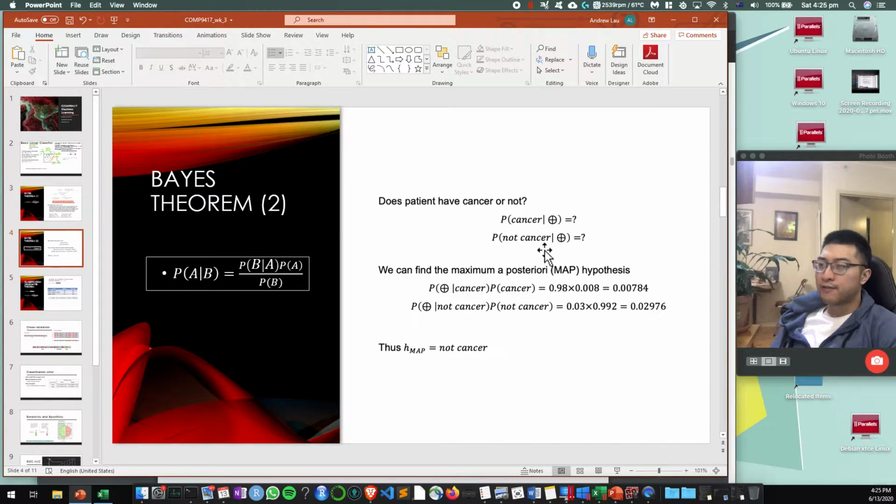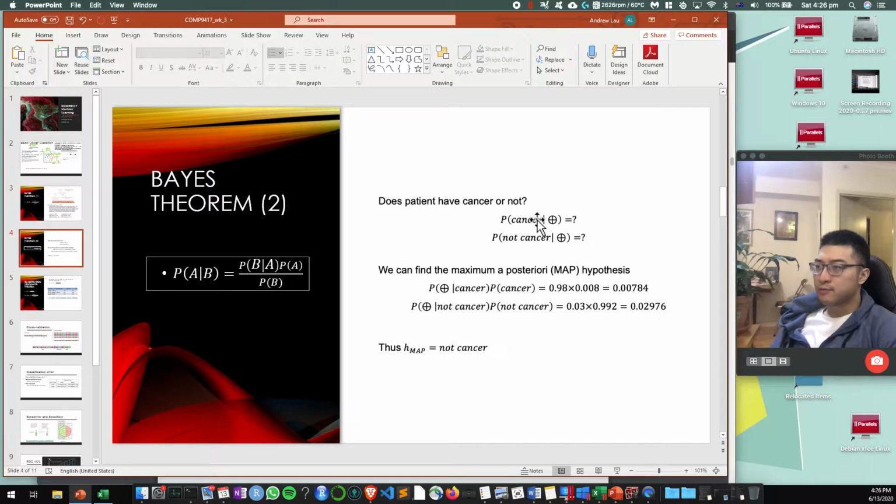This one is the same for both of these, because we essentially want to work out what is higher. The probability of me having cancer if the test is positive versus the probability of me not having cancer given the test is positive.